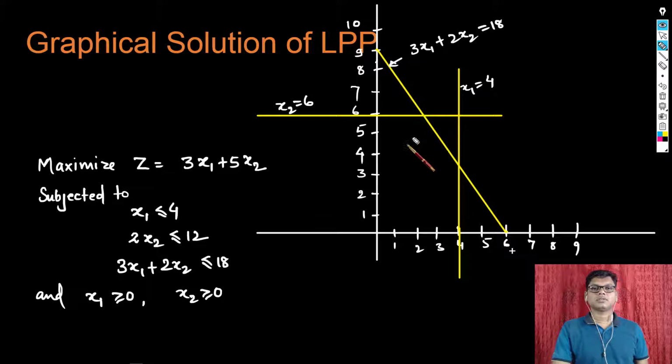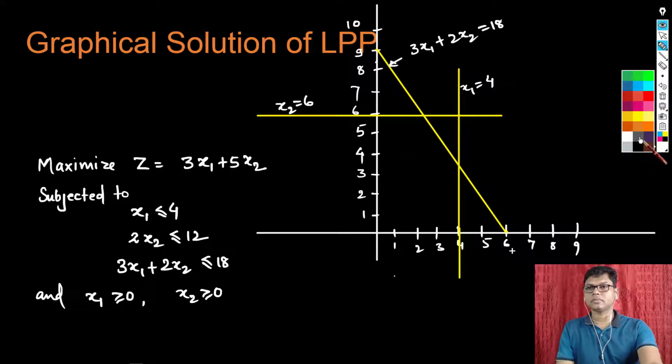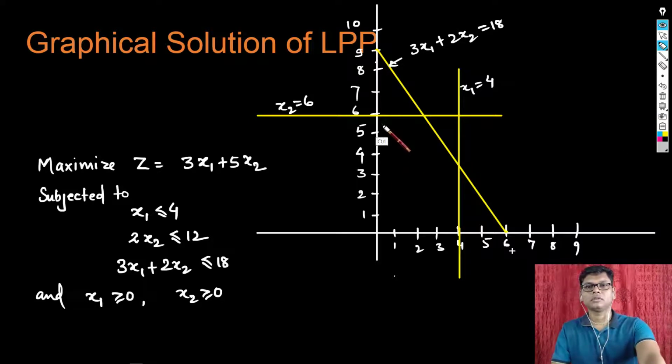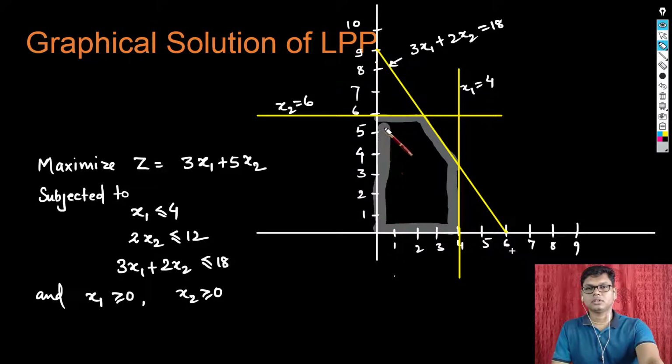Also, x1 and x2 greater than 0 means we cannot go to this side or this side. So this is the feasible region. Let's use the highlighter to highlight the feasible region where you will get the solution.